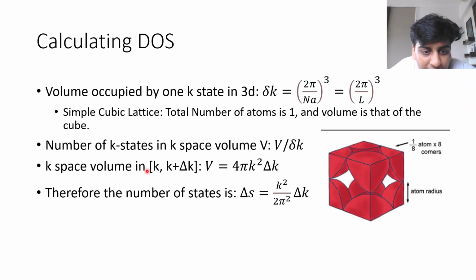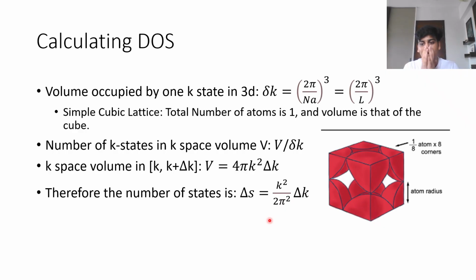So if we have this K and K plus delta K distance, and we want to find out the volume that is occupied by that distance, assuming delta K is small, we know that K is a wave vector in 3 dimensions. So delta K can point in any direction.